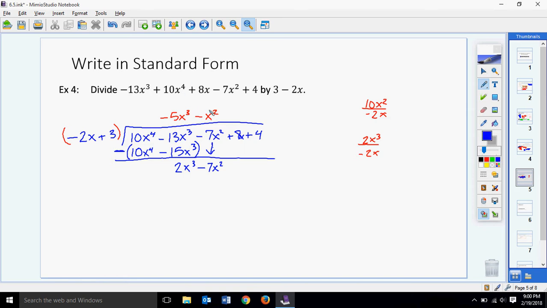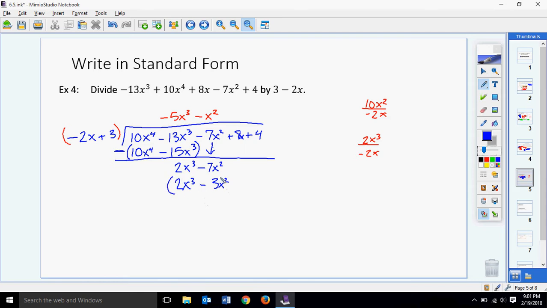Now, check and be sure this is okay by your next step. So when you take this negative x squared and you multiply it back, what is it going to give you? Well, take it times the negative 2x, you get a positive 2x cubed. Taking it times the positive 3 would give you a negative 3x squared.